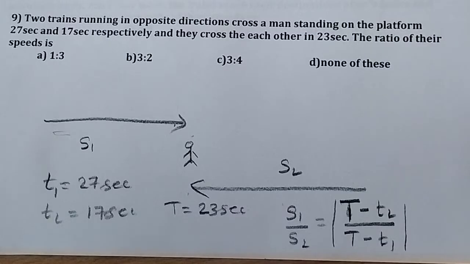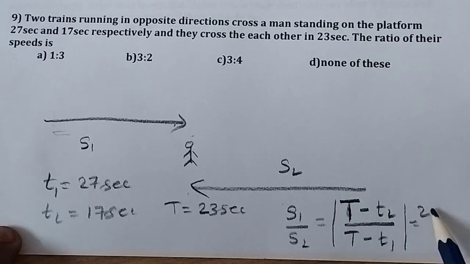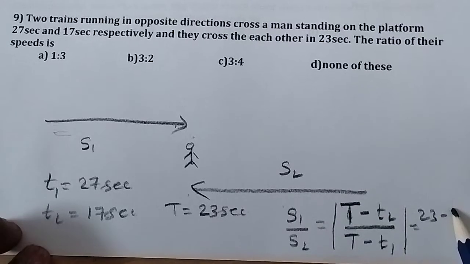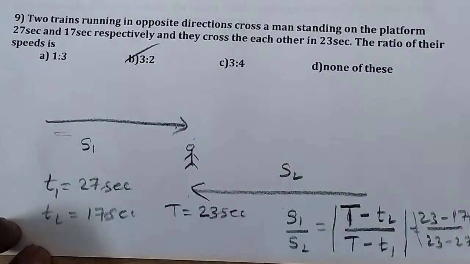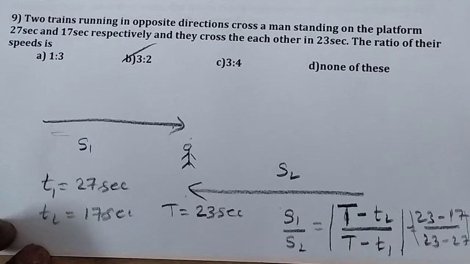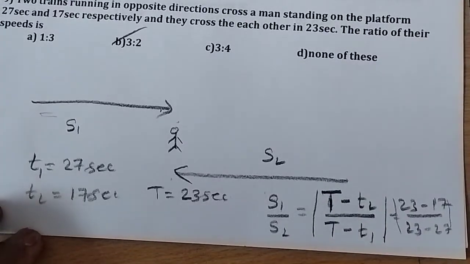This simple formula will help you to find out the ratio between speeds of both trains. Now that is 23 minus 17 divided by 23 minus 27, modulus. Okay, 6 by 4, that is 3 by 2. So ratio is 3:2. Now the next question, number 10.